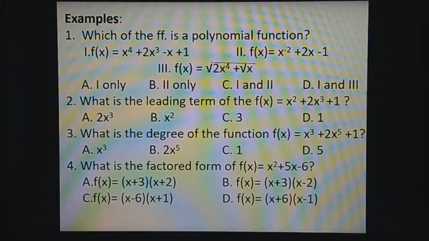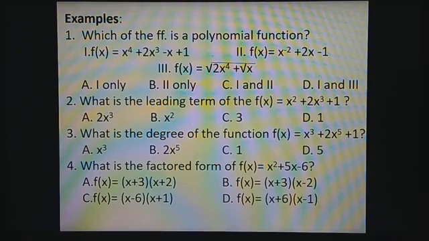If that is the question, babalikan natin yung definition. Tinatanong kasi alin dyan sa tatlong yan ang polynomial function. To answer the question, you have to recall what is a polynomial function and that is based on the definition. Ang sabi kasi doon, dapat ang mga exponents daw ay positive integer.